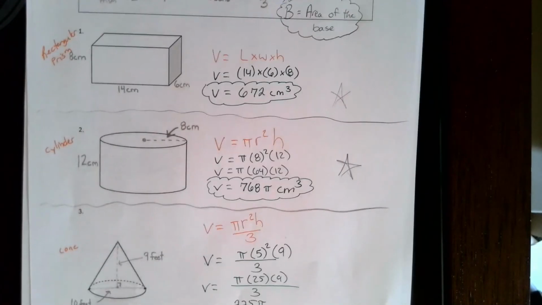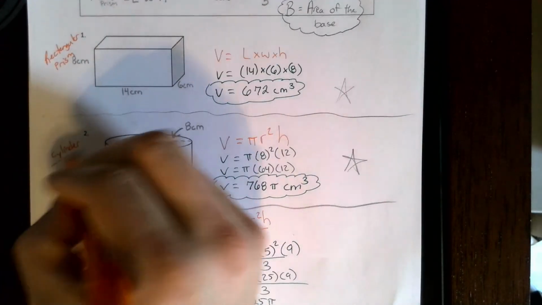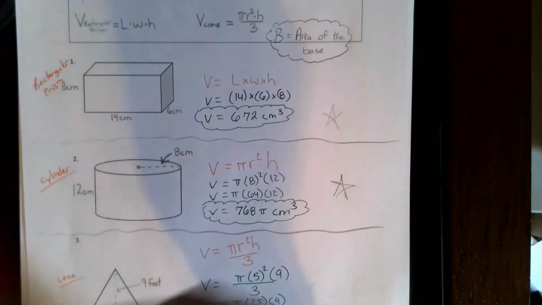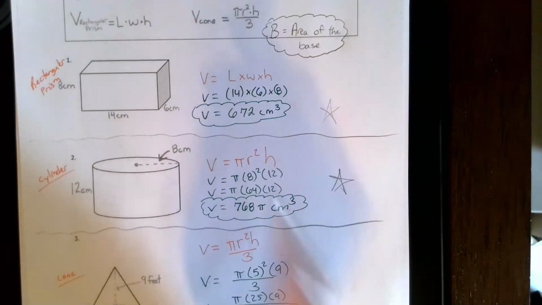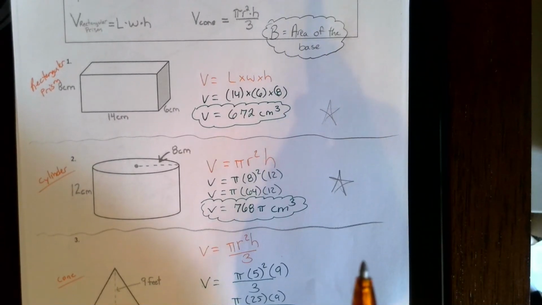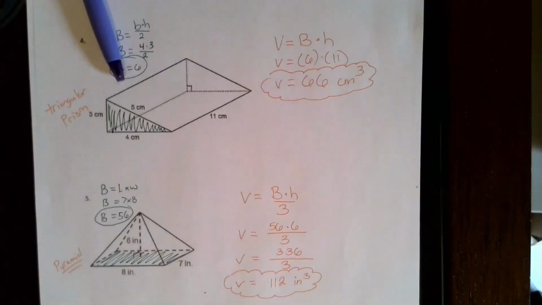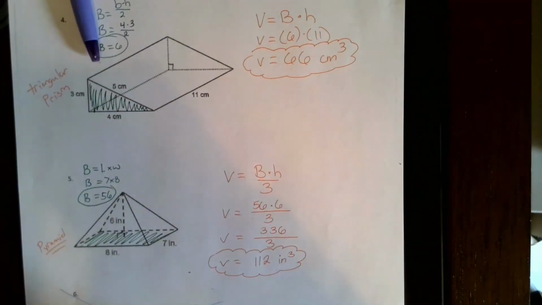Those are all the shapes that we talked about finding the volume of, and then we could also find the surface area of any prism or cylinder. We did that before. So hopefully you did pretty well on that, and you made any corrections on any of the problems that you got wrong.